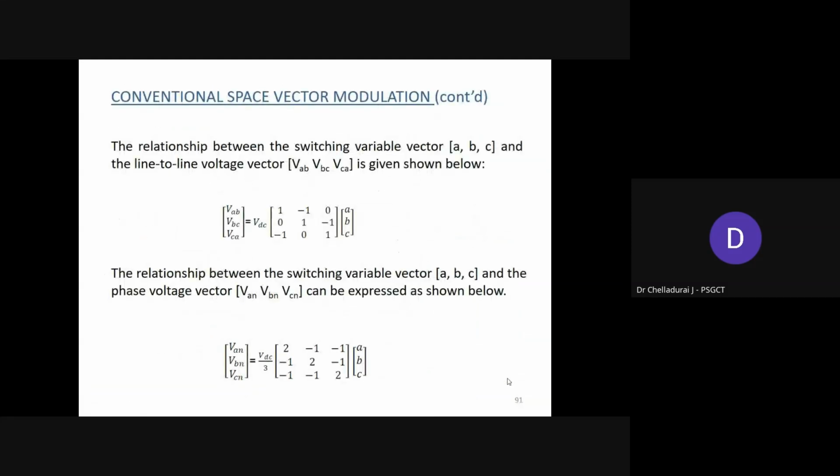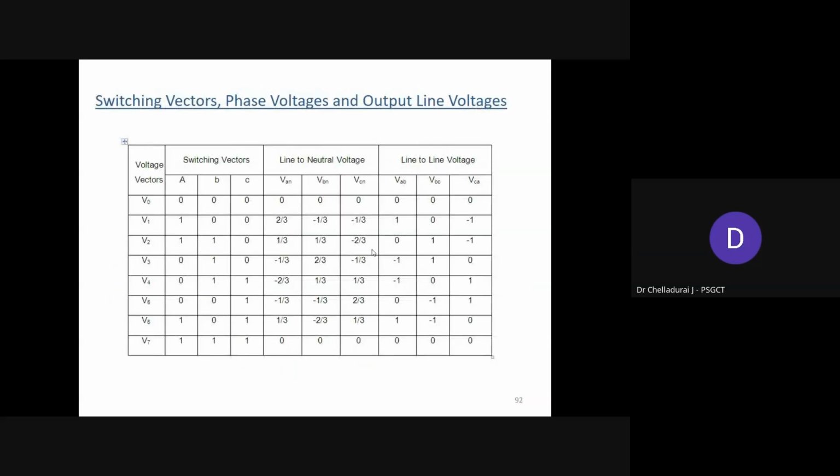The actual VAB and VAN voltages are written in matrix form. Finally, based on the different voltage vectors, there are 8 different switching states we can consider. Out of 8, for the first state 0, 0, 0, the output voltage is always 0.